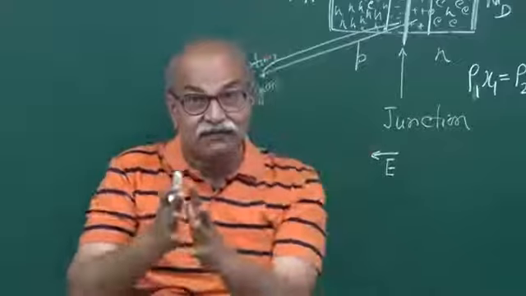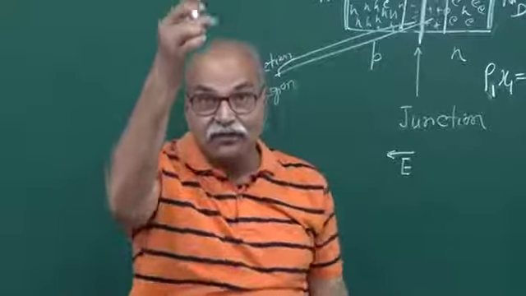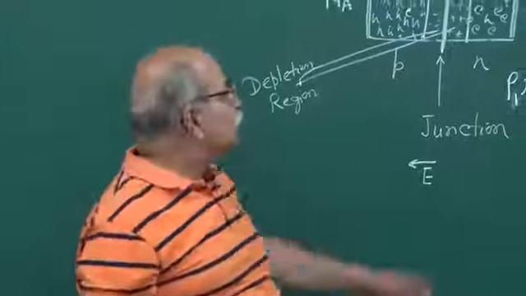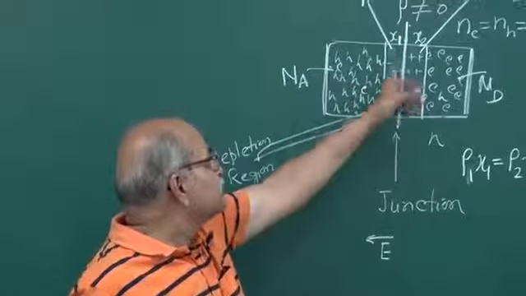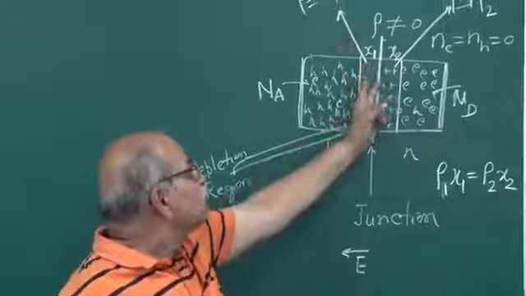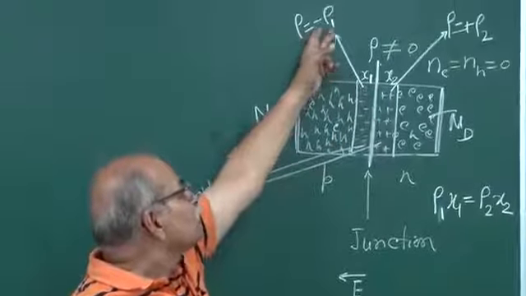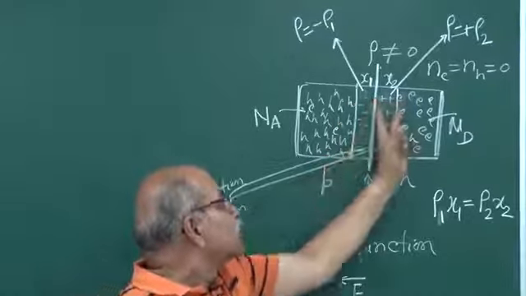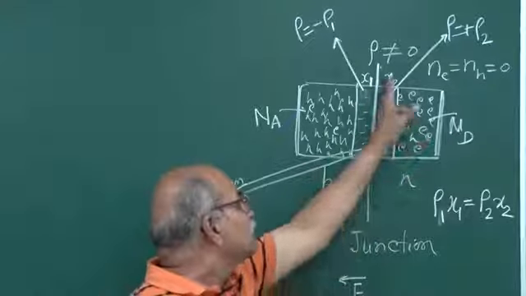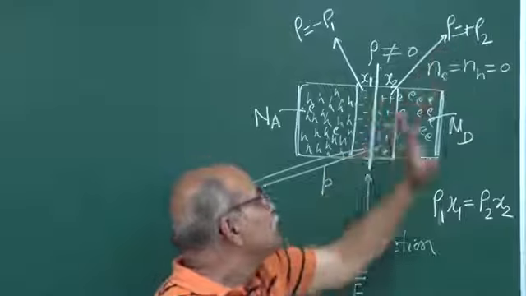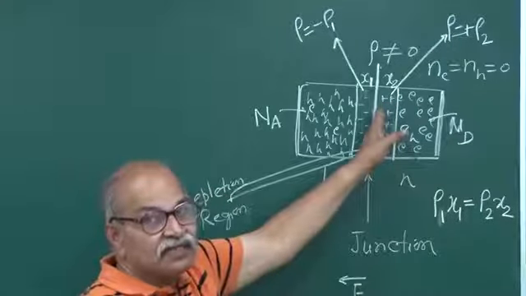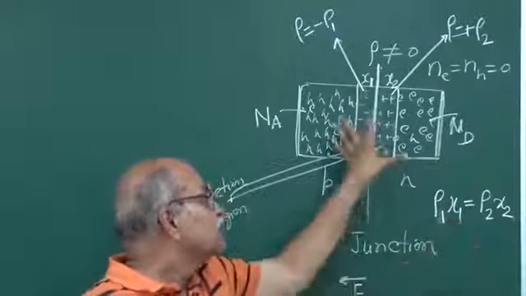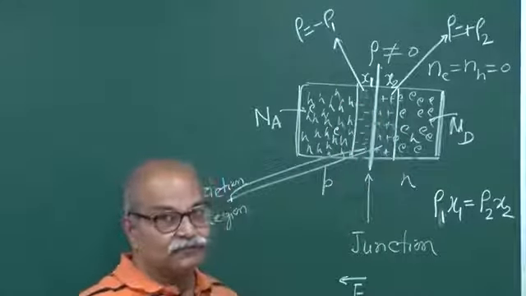On one side you have P, one side you have N. So I am drawing a line, it is in fact a surface area. So that surface area times x1 will be the volume. Volume times this rho 1 charge density will be the negative charge here, and similarly this area times x2 is the volume multiplied by rho 2, that will be the positive charge, and they should be equal in magnitude and opposite in sign, so that the total is 0.